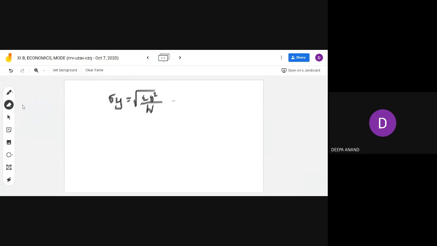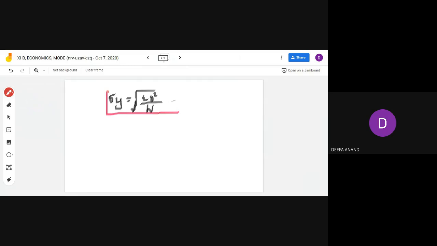The whole root should come till this. You remember the formula. You have to remember all the formulas: shortcut formula, direct formula, individual series ka direct formula, everything. So standard deviation of y series is equal to root of sigma y square upon n. Remember this formula. Put it in a box.